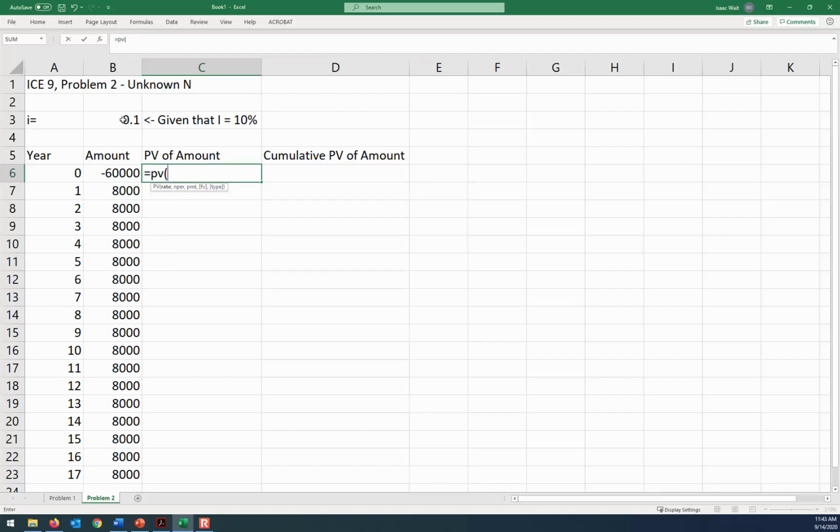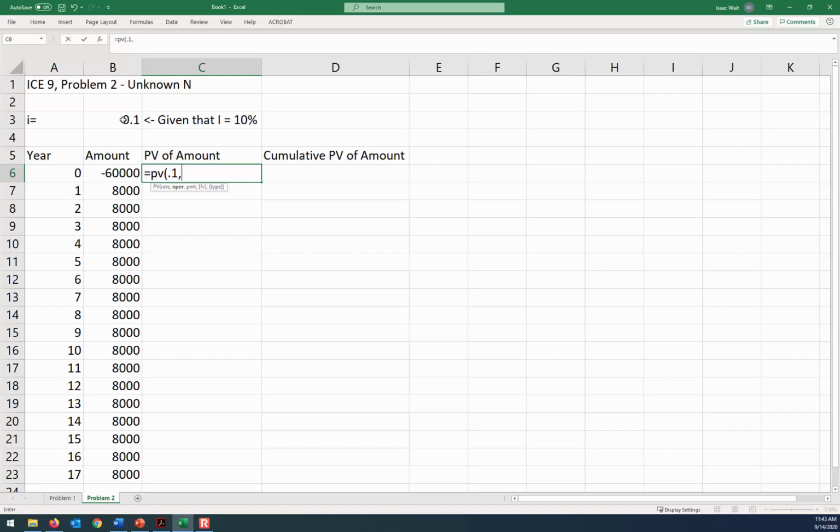The interest rate, I need to lock the reference to this cell because I want it to always look there for the 10%. Now I could type in 0.1 and it would be right. I'd get the right answer, but then that would eliminate the flexibility of trying to play around with different interest rates.